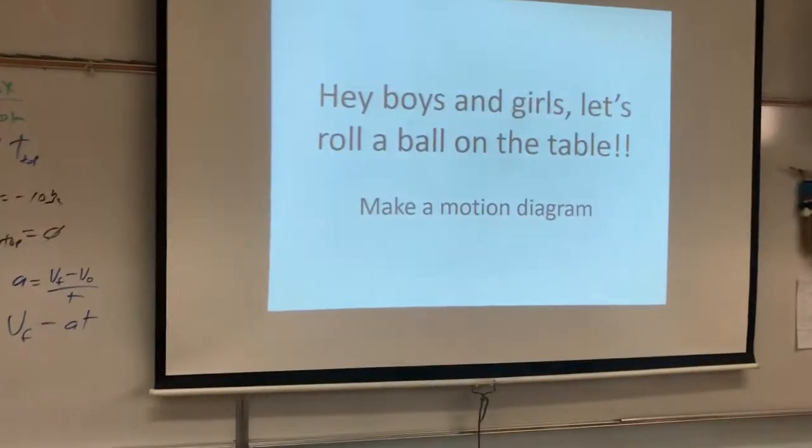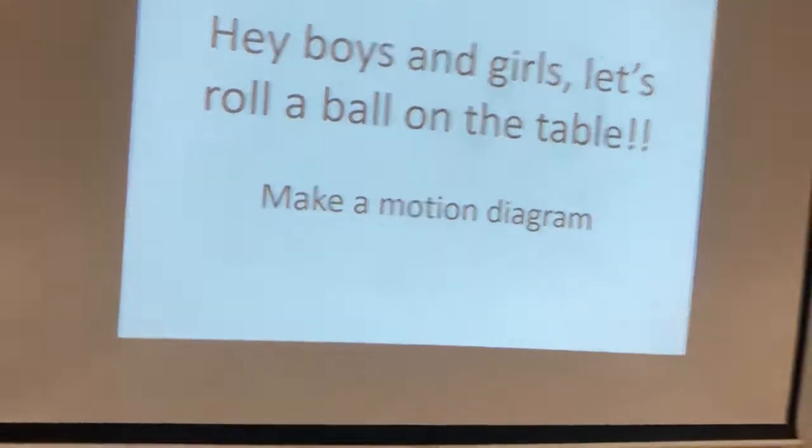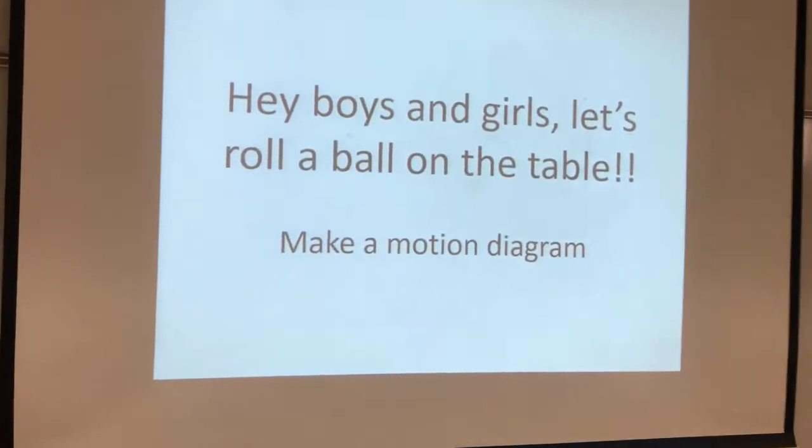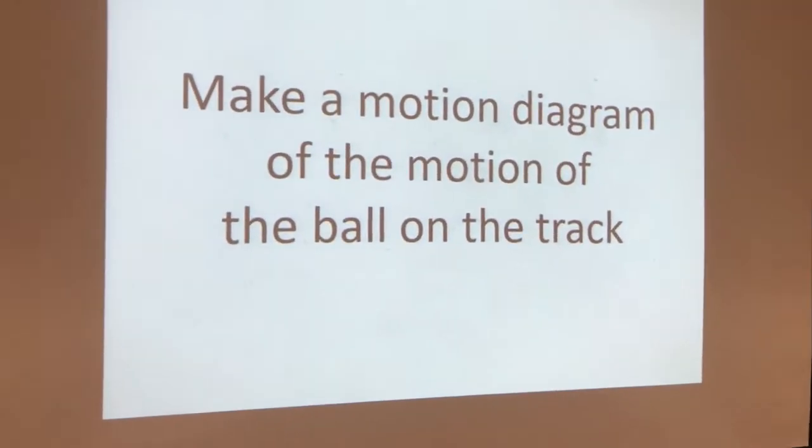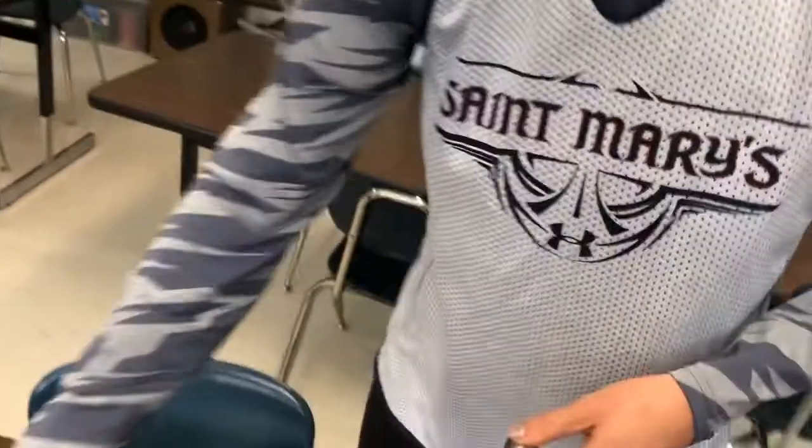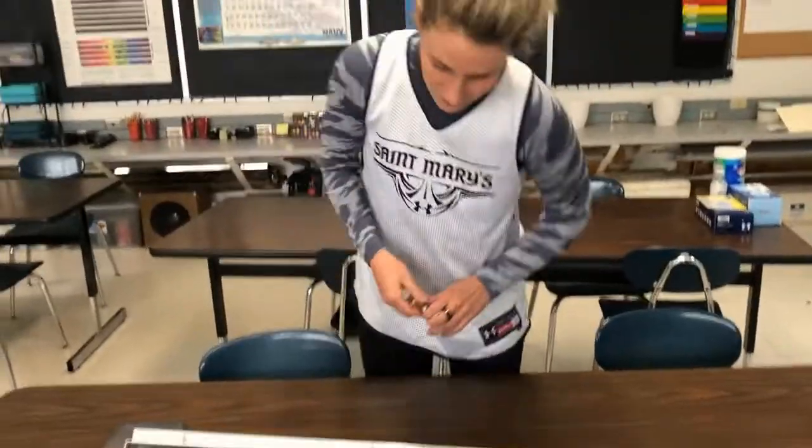All right, so now the next thing I'm going to do. Make a motion diagram of the motion of the ball on the track. Next I'm going to roll the ball down a track. We have already decided that the positive direction is that way.